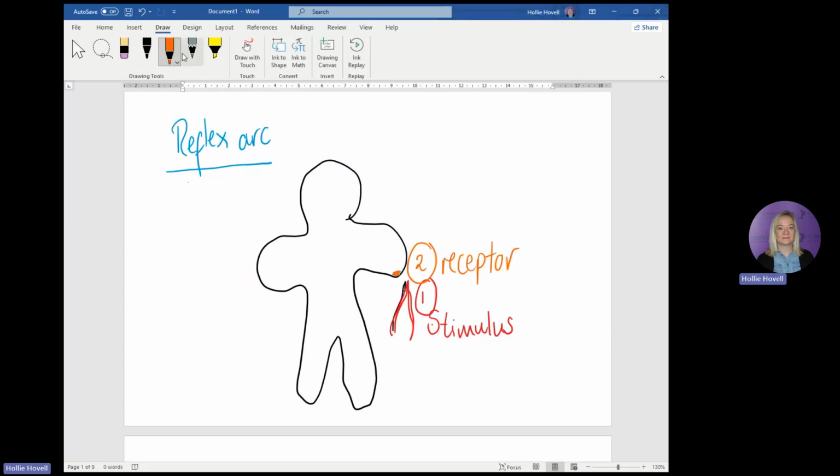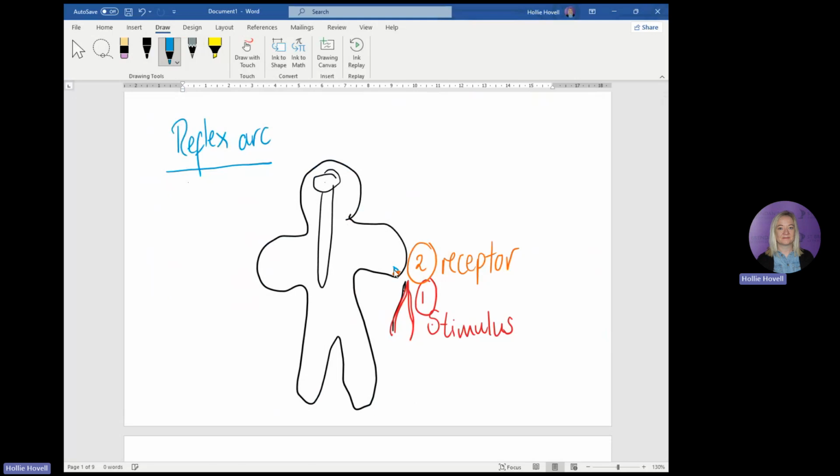Okay, then if we draw in our nervous system, so here's our central nervous system, our brain and our spinal cord. Going from the receptor to your spinal cord, you've got your sensory neuron. A sensory neuron is a neuron that has the cell body halfway up.